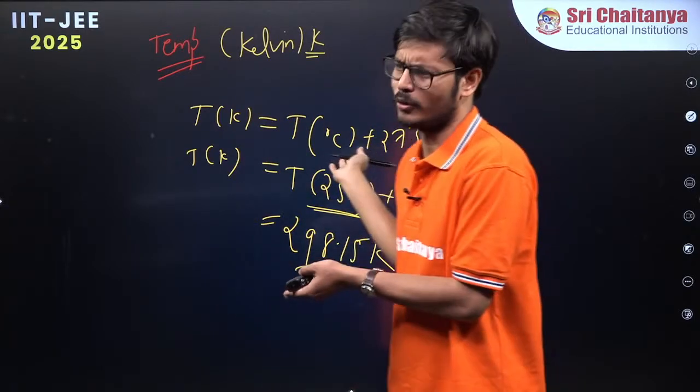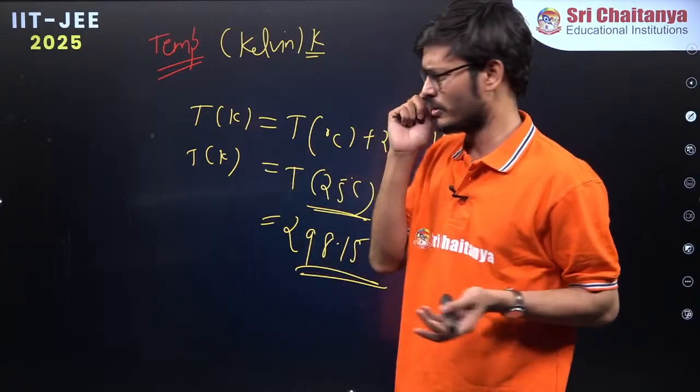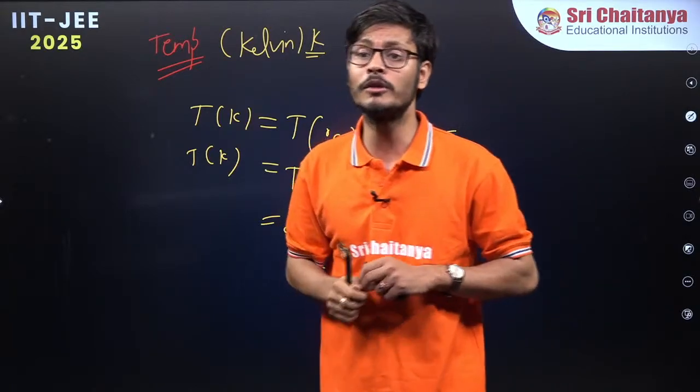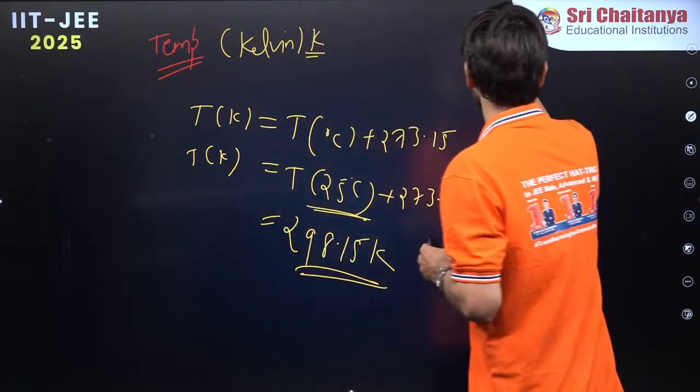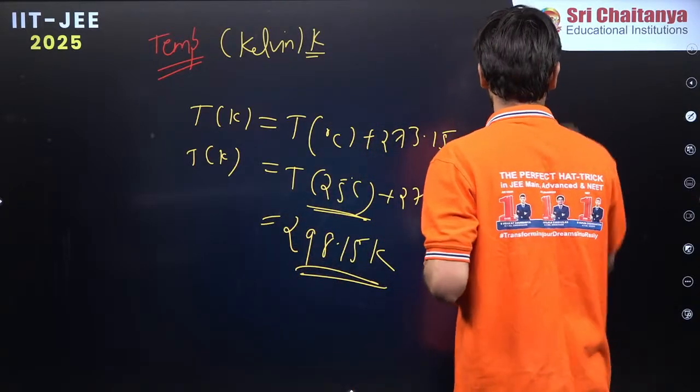I think all of you know this, so it is not a big deal. I have one question for you. Let us say we have a Celsius scale and a Kelvin scale.